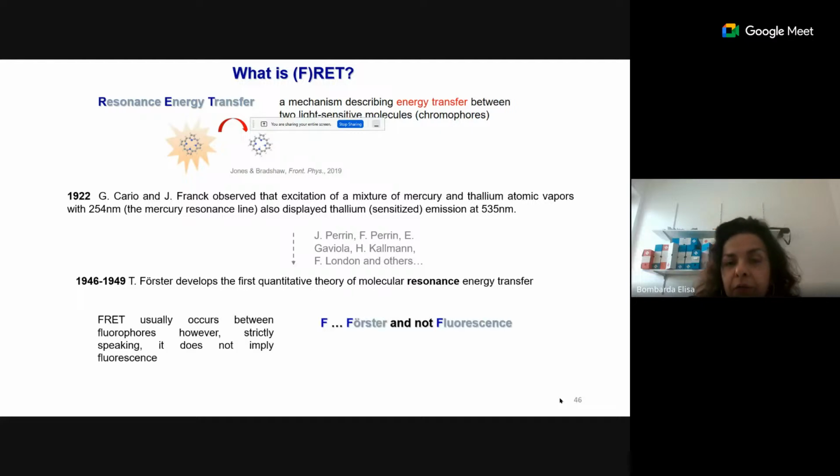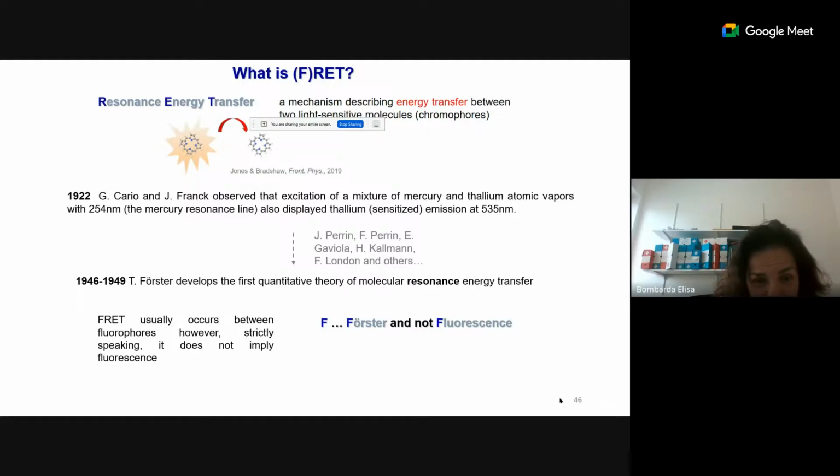And so we arrive to define the F in this acronym, which initially was considered to stand for fluorescence. But in reality, fluorescence is not really involved. It's also not the central phenomenon in FRET.